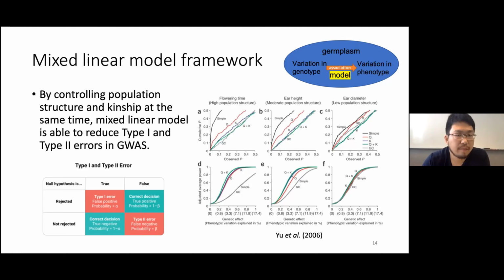I would say both. You can calculate the kinship based on a subset of SNPs, and also you can calculate it with a genome-wide set of SNPs. Usually in earlier days, when there were not that many SNPs readily available, people used a subset of SNPs. But later, especially when these Q and K models were brought up, people used a genome-wide set of markers to calculate the kinship.